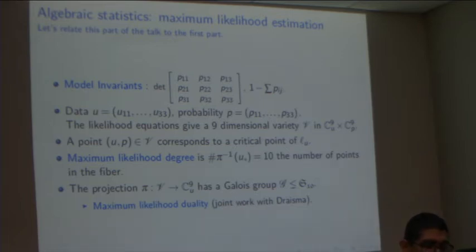The maximum likelihood degree is 10 for this model. And the degree of the fiber is 10. So what is this saying? The likelihood equations, here, the analogy, this would be P, and this would be U. And now instead of a one-dimensional complex space, now you have a 9-dimensional complex space. And then instead of just having 4 points, you have 10 points in this example, or ML degree many points in the fiber.